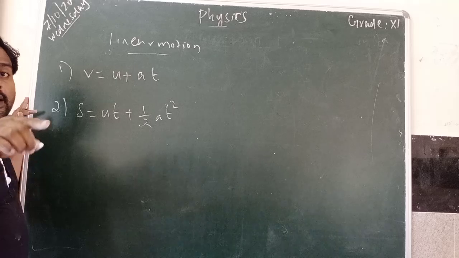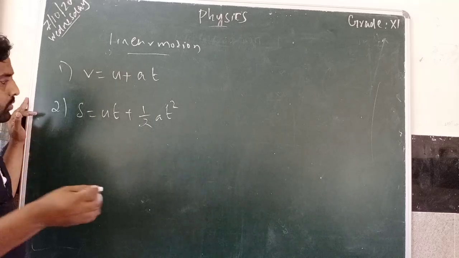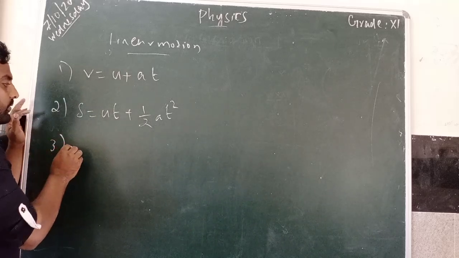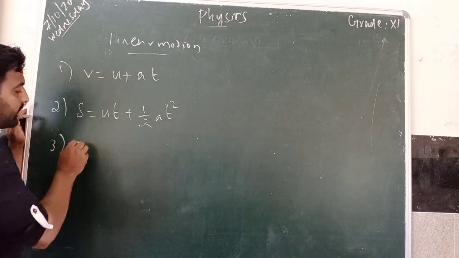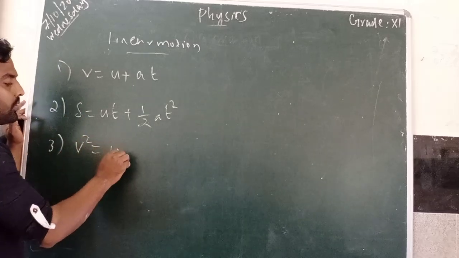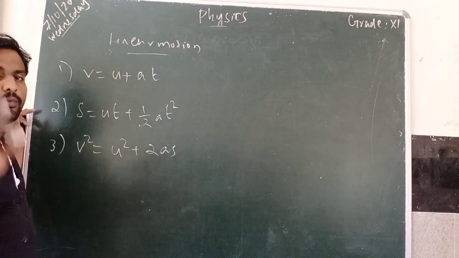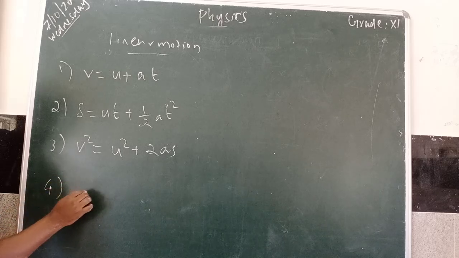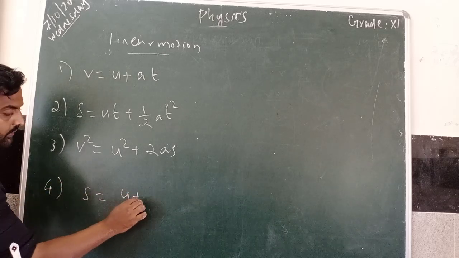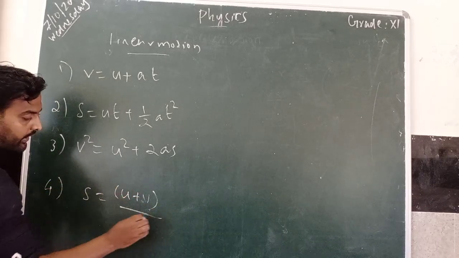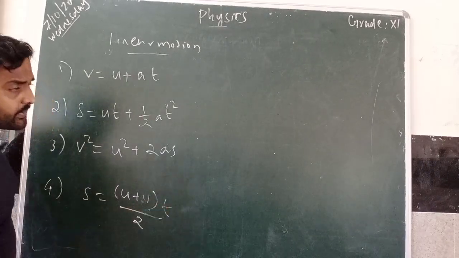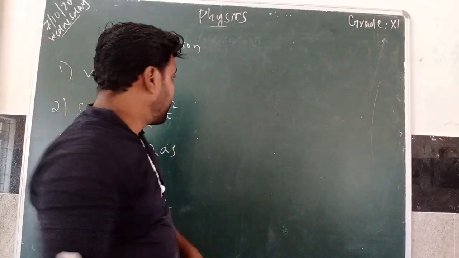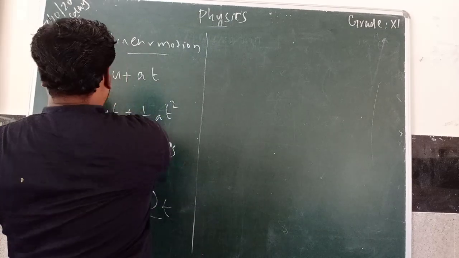Now we are going to study kinematic equation in circular motion. Third one is V square is equal to U square plus 2AS. Now the fourth linear motion equation is S is equal to U plus V by 2 into T. These are the four equations for linear motion.